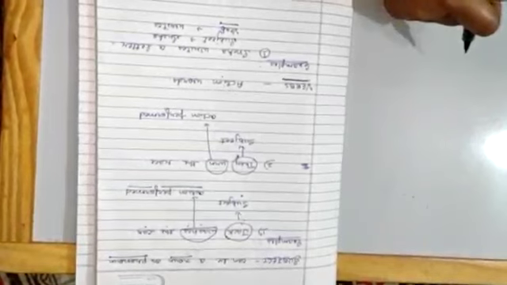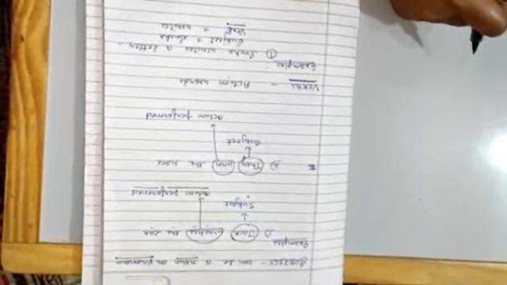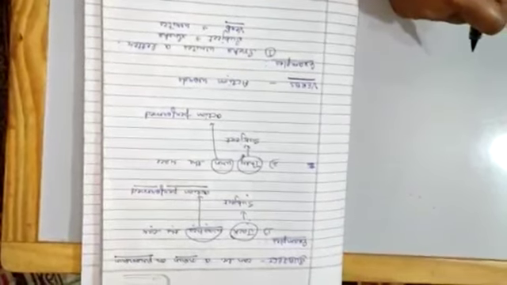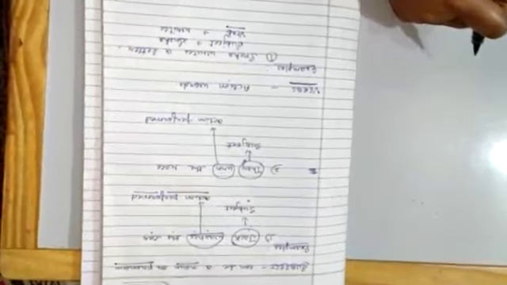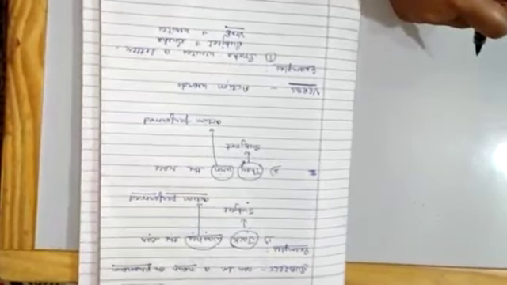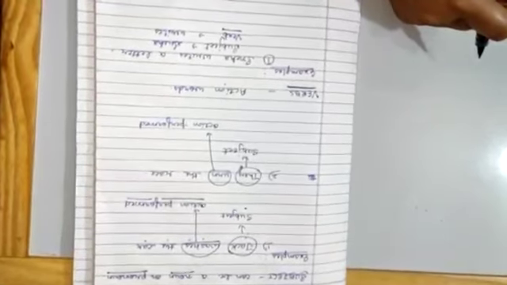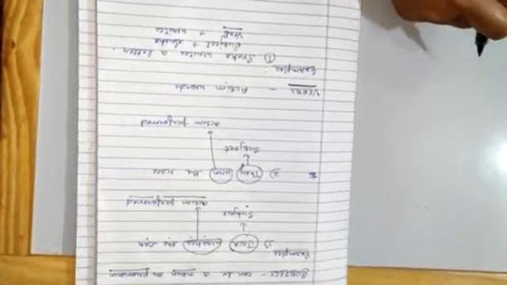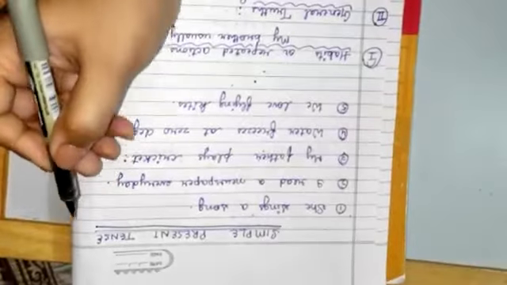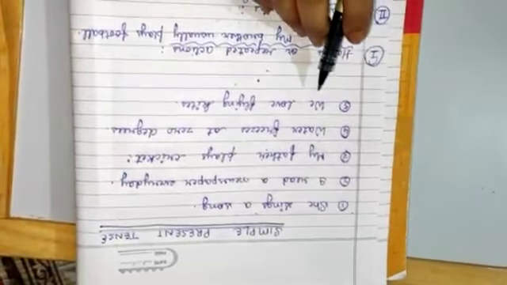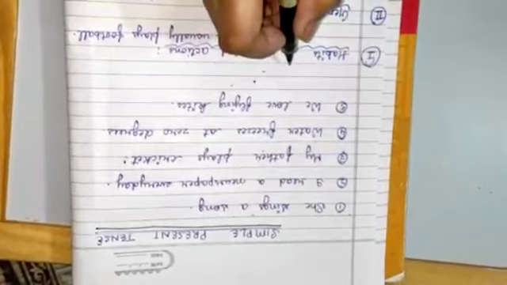Now, let's move on to our first tense, that is simple present tense. I'm sure you are very familiar with this tense as you have already done it in class 4. So, let's revise it once again. Simple present tense. Read the following sentences carefully which are in simple present tense.